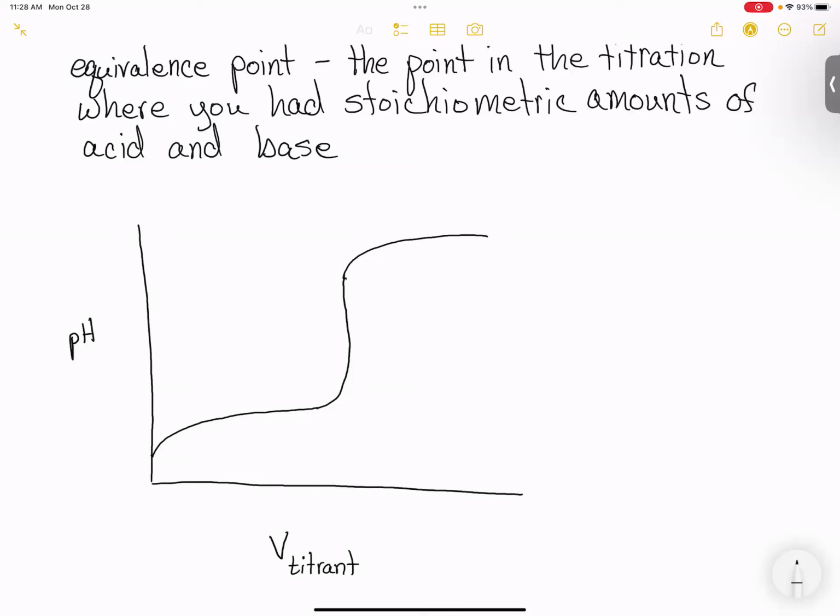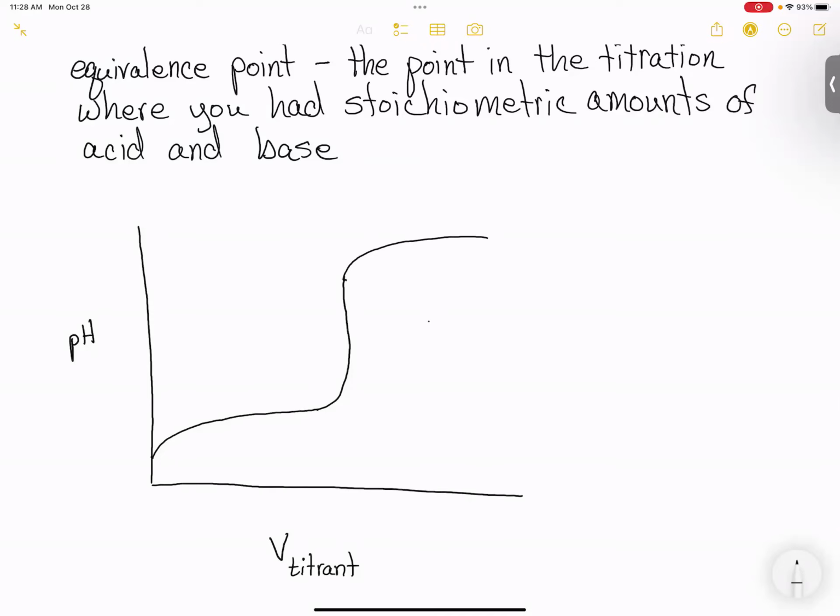Now, if you're talking about a strong acid, strong base titration, then this equivalence point is going to occur at 7.